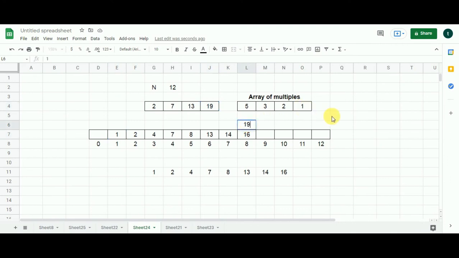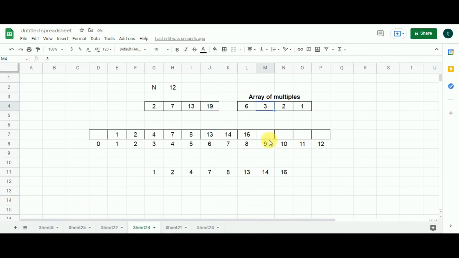So I'll get 19, but it's also not less than 16. Hence 19 gets eliminated and 16 stays. So I got this 8th super ugly number using this number from the array of primes, which is 2. So I'm going to increment this 5 to 6.